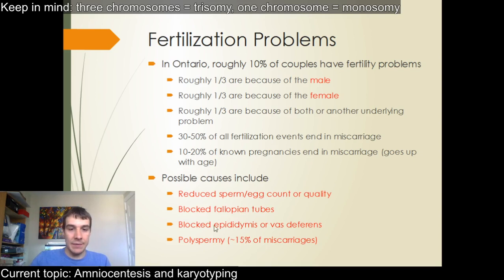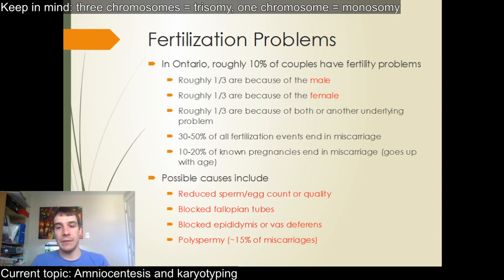Yeah, so that's some possible causes there. Another possible cause, which is about 15% of all miscarriages, is called polyspermy, and that's what happens when two sperm end up fertilizing one egg at the same time. That's automatically basically a miscarriage.